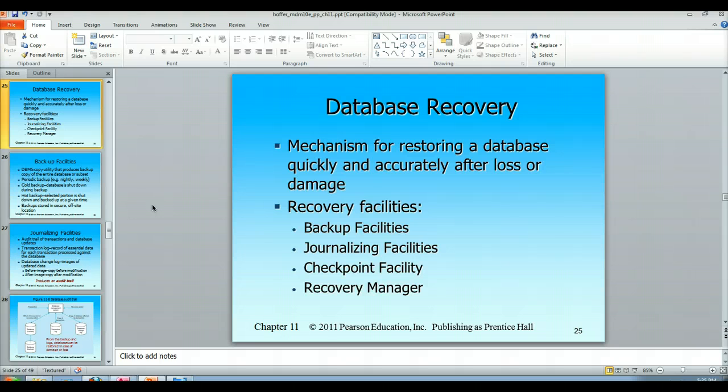So, database recovery. There needs to be a mechanism for restoring a database quickly and accurately after some kind of loss or damage. And that whole concept of quickly and accurately has a varied range that can be attained. Remember, to be very, very quick and very, very accurate usually means very, very expensive.